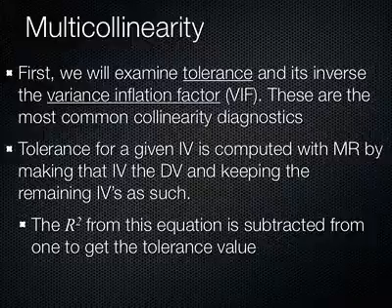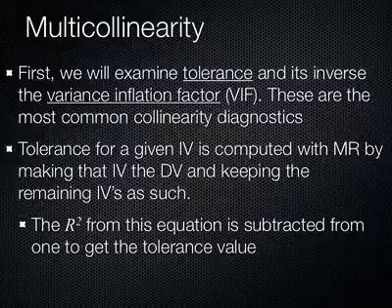And then the R square from this equation is subtracted from 1 to get a tolerance value. So it's finding out what's the R square between some set of independent variables and another one of the independent variables. And then it does 1 minus R square to get the tolerance. Okay? Make some sense?